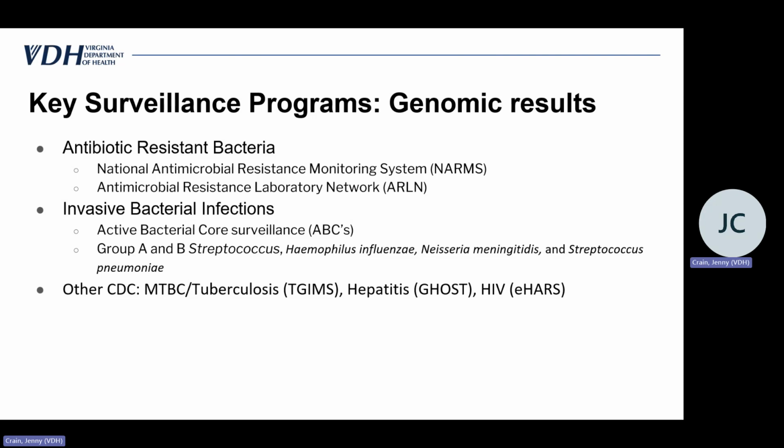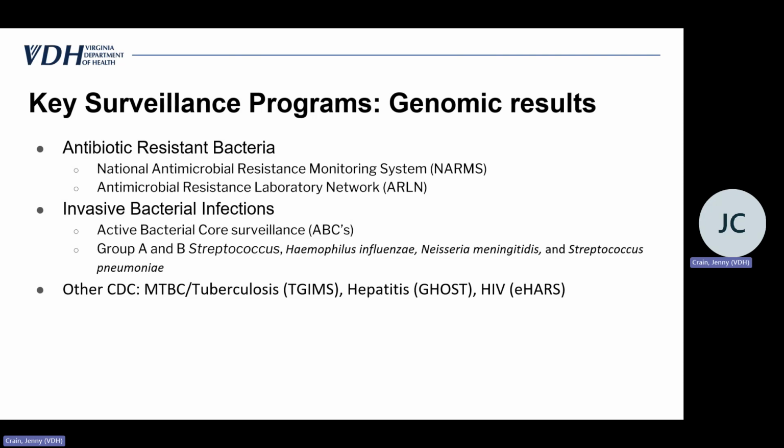And then just another thing to mention in terms of ongoing surveillance systems, the ABC core surveillance. This is, again, an ongoing system, has been around since 1995. And some of the pathogens that are listed here are the ones that are surveilled for ABC core. And that started with about 4 states, and it currently operates among 10 different EIP sites, so emerging infection program sites across the US.